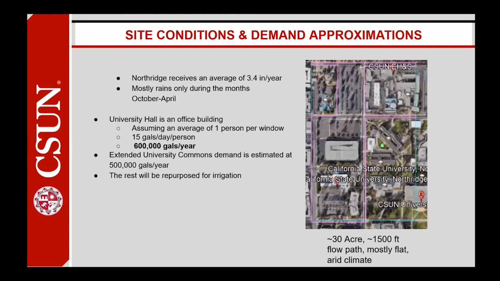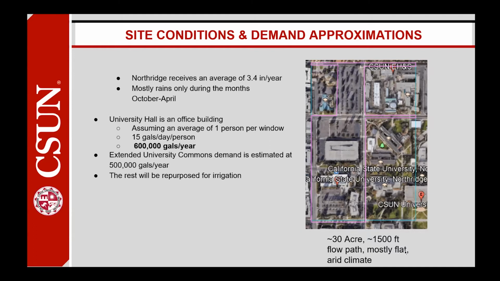Getting into some of the more specific site conditions, the first problem we asked ourselves was exactly how much water can we capture? So using Google Earth Pro, we captured a satellite image of the estimated area that we can capture, and then scaled it with AutoCAD and drew a polyline and took the area inside. We were able to estimate it's around 30 acres. We also used this method to define a flow path. And then we also were able to capture elevations to determine the slope of the entire area.